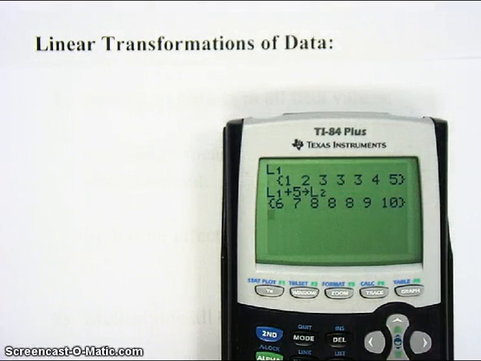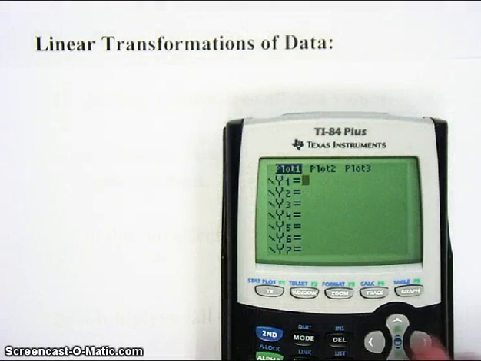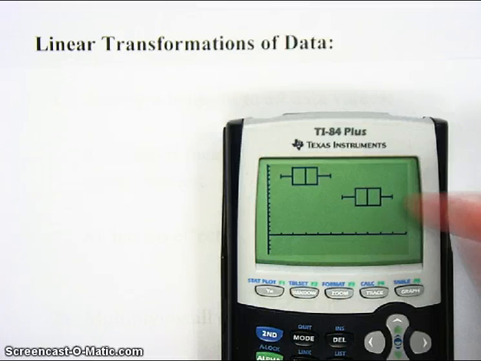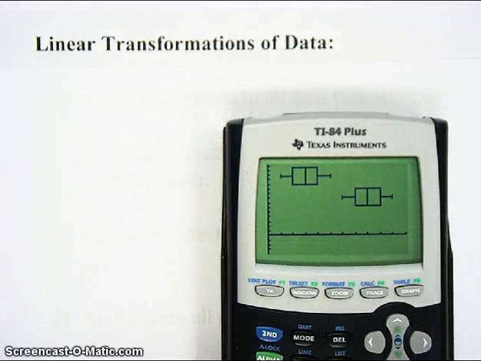So what happened here was measures of center got changed. The median went up by the same amount that we added to all the data values, but nothing happened to the spread of this distribution. If you want to see what this looks like as a picture, we can turn another plot on here, and then when we graph, you can see here's the original data set, here's the box plot for the transformed data set.